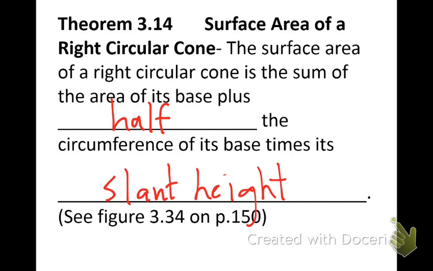So in that pyramid, we've got the area of the base, and then the side triangles we know is 1/2 the perimeter times the slant height, right? 1/2 PL. Well, if we make the sides so small that they approach a circle, rather than use P, we use C, because the circumference of a circle is the same thing as the perimeter of a circle. So this 1/2 PL becomes 1/2 CL times the slant height. So that's how you derive the formula for a cone.